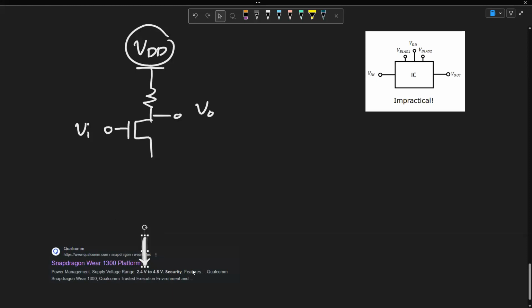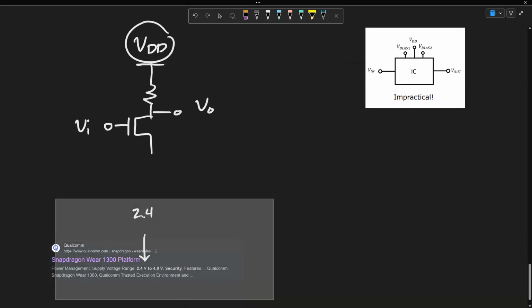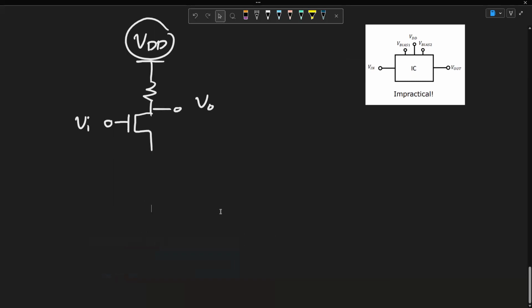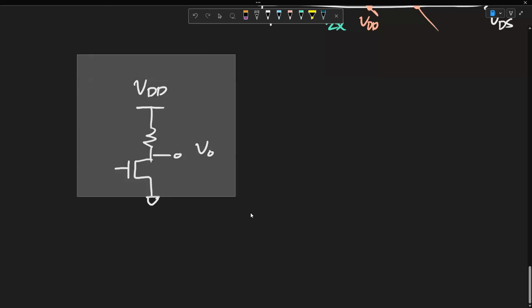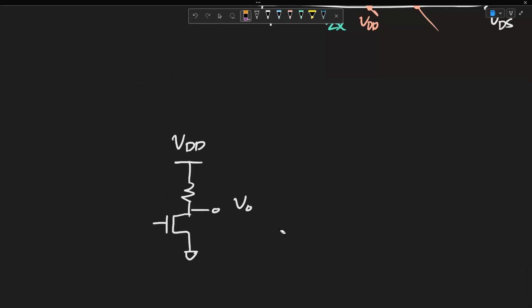So we only have the VDD, which is typically 2.4, for the internal circuits. We only have VDD for our circuits, and we must learn to bias our circuits such that we only use VDD. And typically, a way to do that would be to create a voltage divider. So let's talk about voltage divider bias.